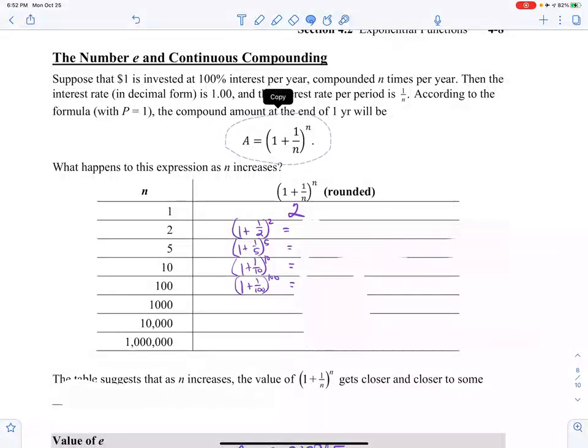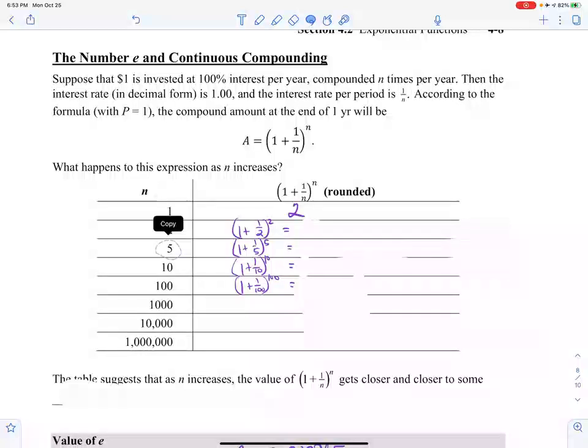Like right now, we're only used to doing that annually or semi-annually or monthly or daily or quarterly. This is saying, hey, go ahead, compound it 1 time in the year, that's annually, or compound it twice in the year, that's semi-annually.